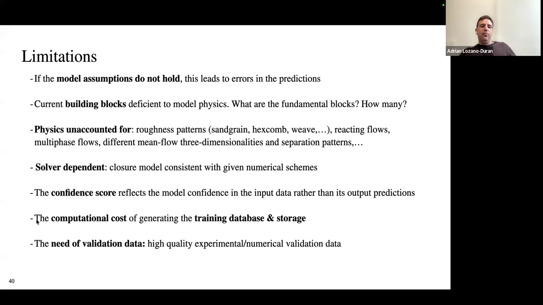Then another important bottleneck is not so conceptual or intellectual, it's more practical: generating the training database is really very expensive. And we have been running these cases, I would say, for many, many years already. So we keep expanding the database and storage also. The database is petabytes, and we need to then digest that.